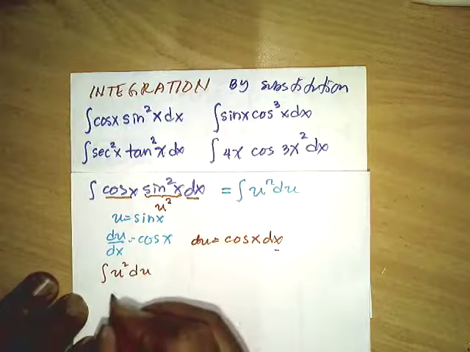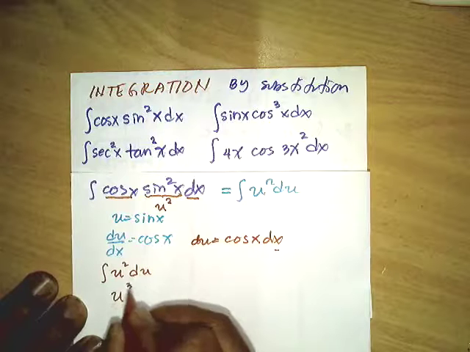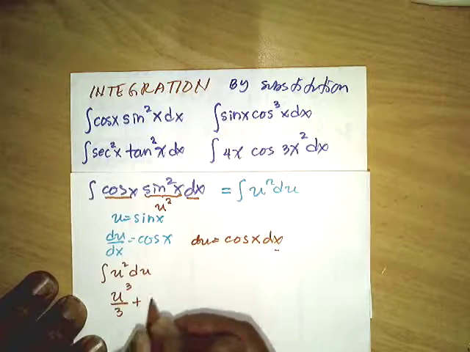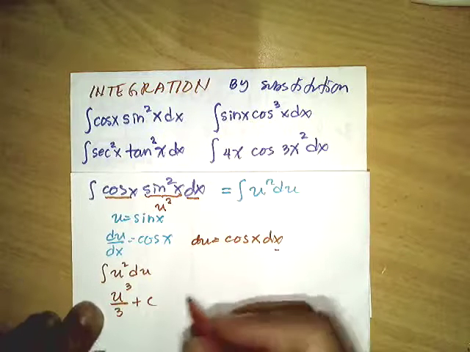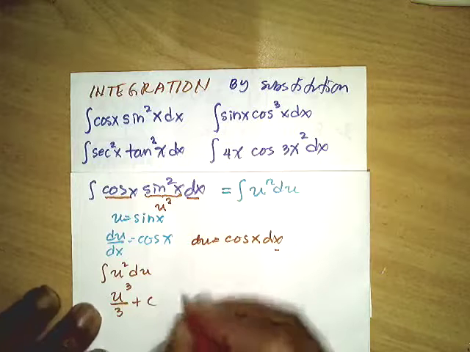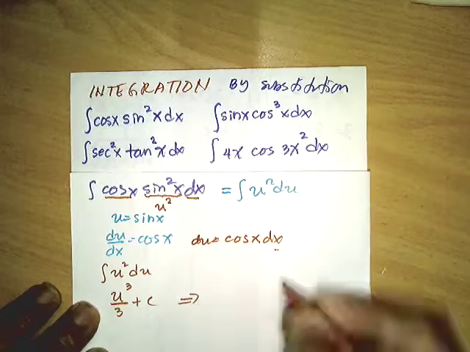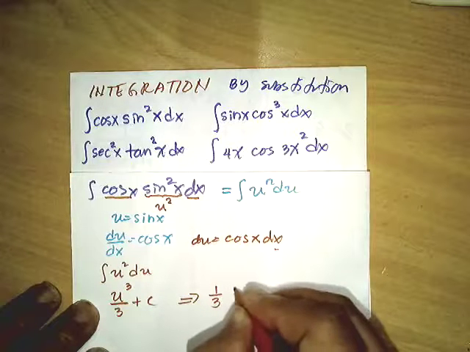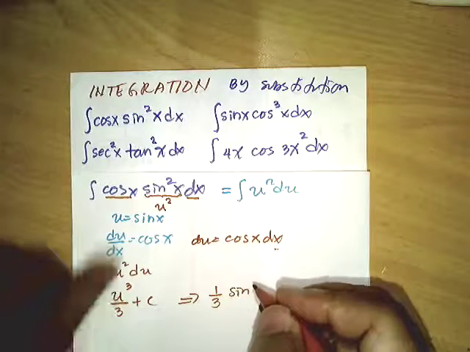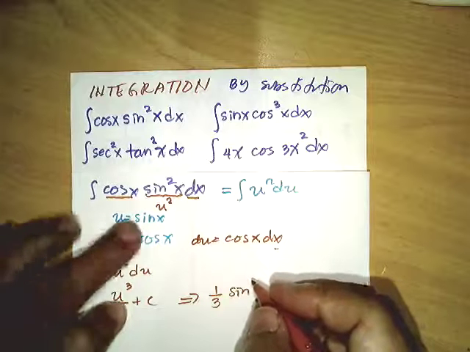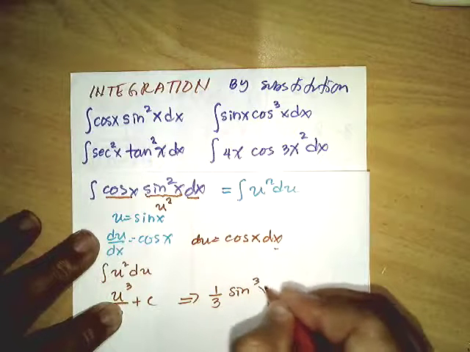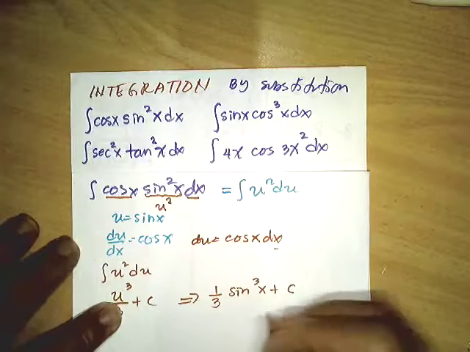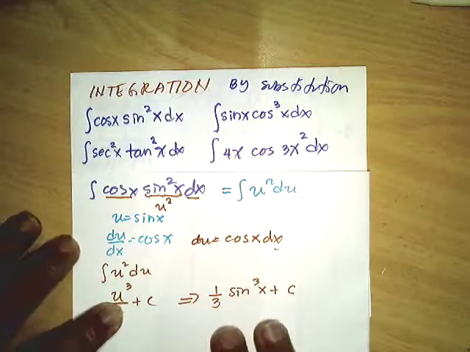Now we are ready to integrate, and that is equal to u cubed over 3 plus c. But what is your u? Your u is sine x. So that's equal to 1 over 3 sine cubed x plus c, which is correct.